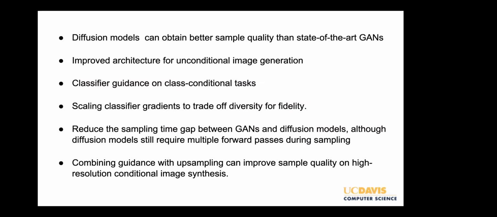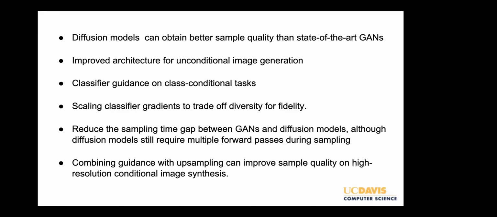In summary, here is a quick overall conclusion of what the paper is about. The authors show that diffusion models, a class of likelihood-based models with a stationary training objective, can obtain better sample quality than state-of-the-art GANs. The improved architecture is sufficient to achieve this on the unconditional image generation task, and the classifier guidance technique is used on the class-conditional task.